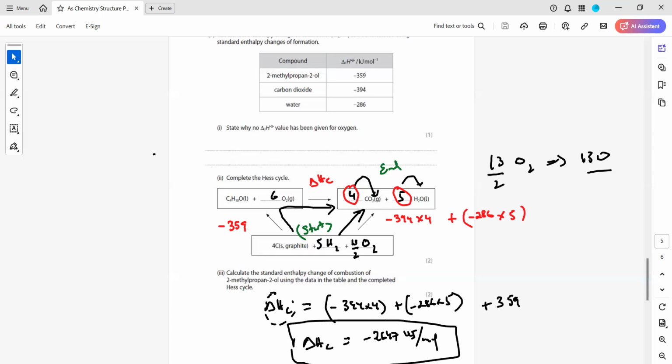And when we used the practical method, we were getting a different answer. It was about minus 1860 something. That was our previous answer. Is it clear how we use the Hess law? Any doubt in this?